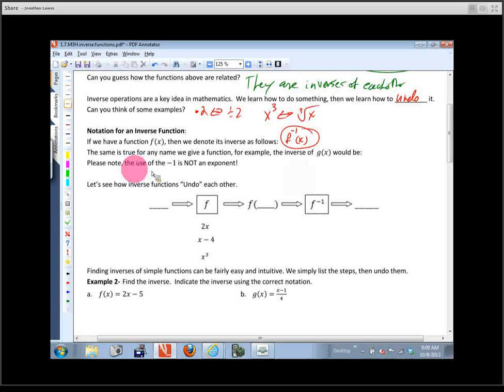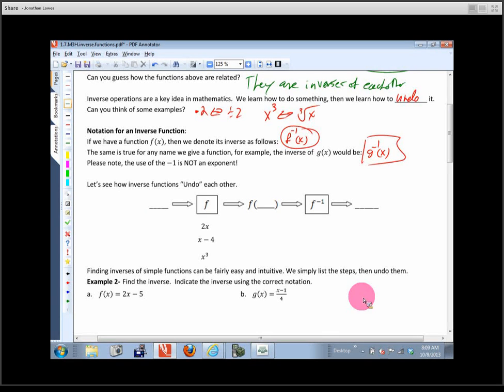What looks like an exponent is not an exponent. Whenever we put a -1 above a function, it means the inverse of that function. So if I had the function g, we'd indicate the inverse as g inverse of x, and that's how we say it. Don't say g to the -1 or f to the -1. Say g inverse of x, or f inverse of x, or q inverse of x, or whatever the function name happens to be.